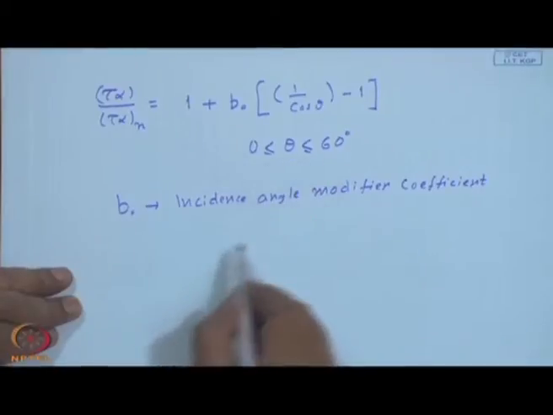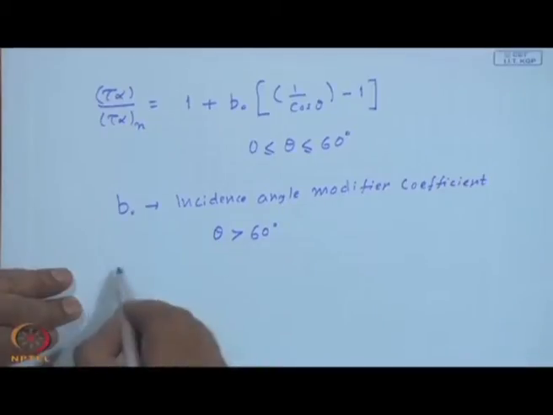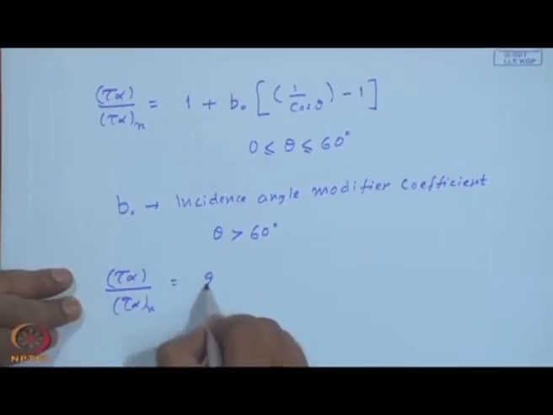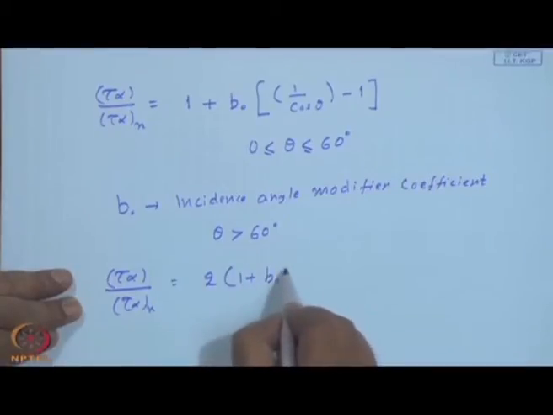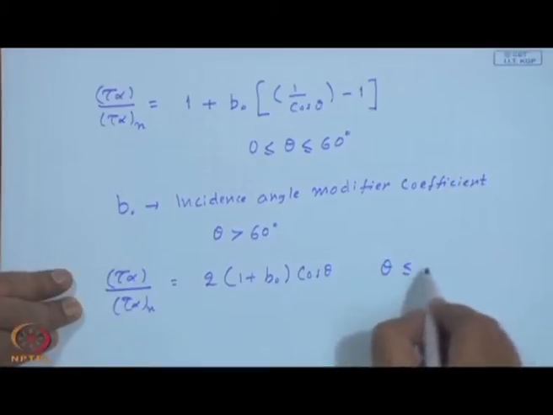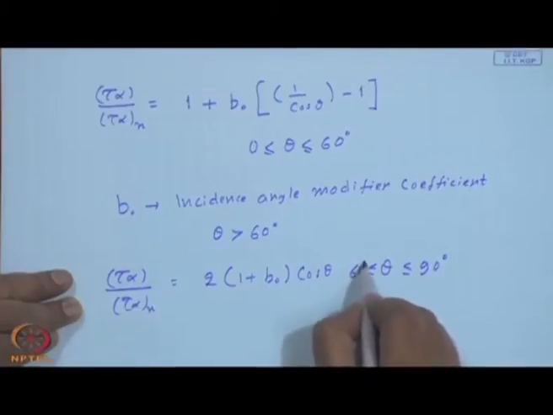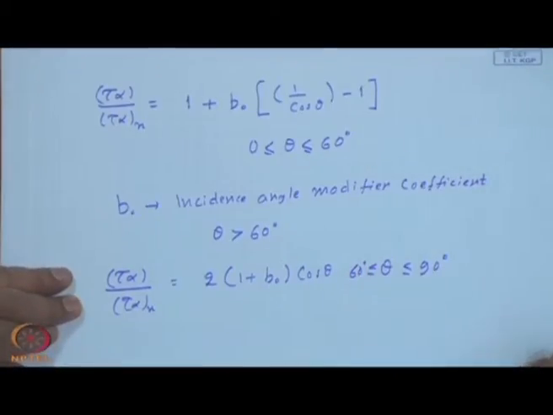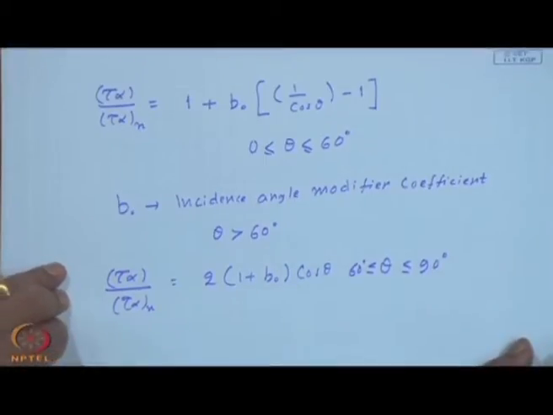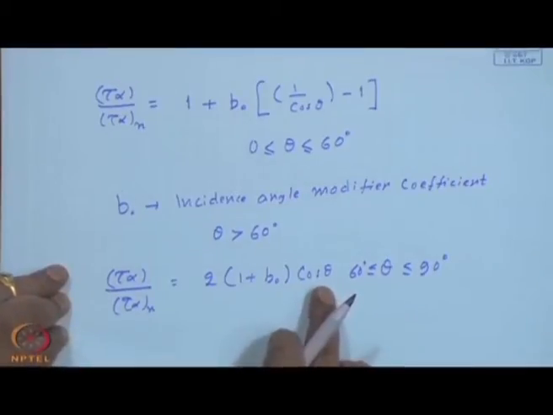However, there was no description for theta greater than 60 degrees. We proposed at IIT Kharagpur, this can be given by, for theta between 60 and 90 degrees. If you put theta equal to 60 degrees, that will be one half of (1 plus b_0), which is the same as the first one, and at theta equal to pi by 2, it will be 0.